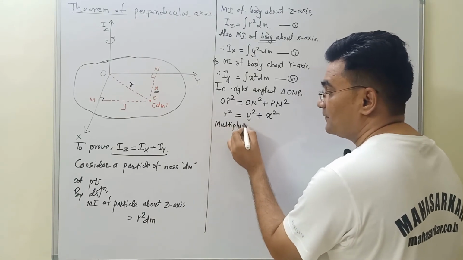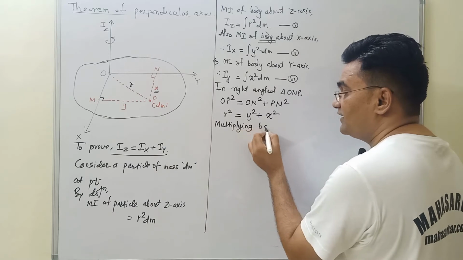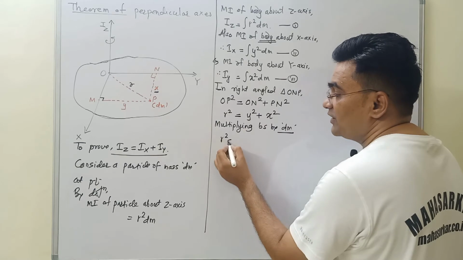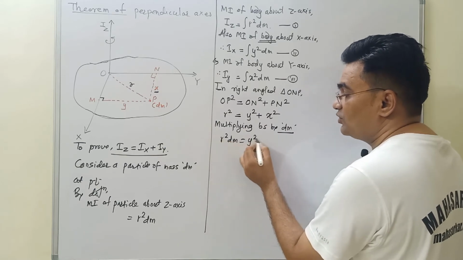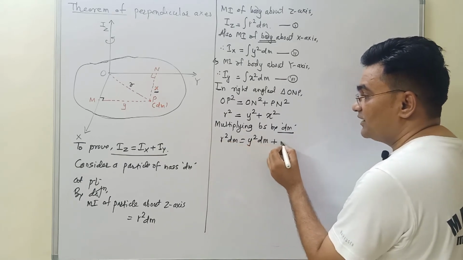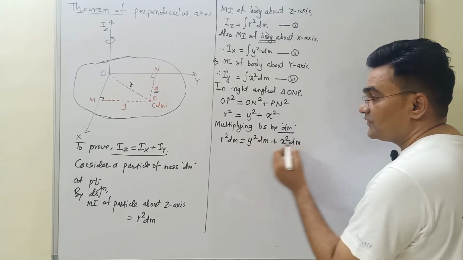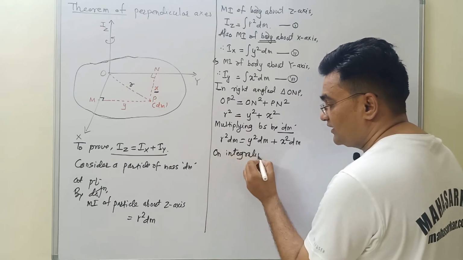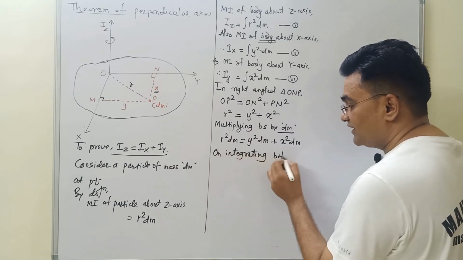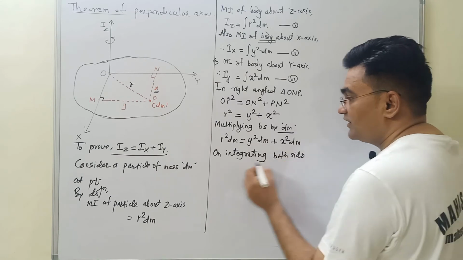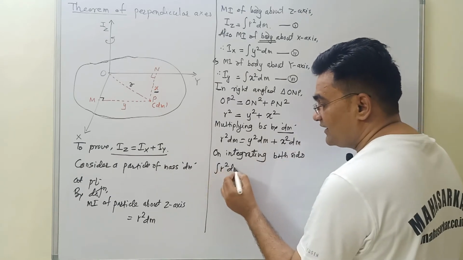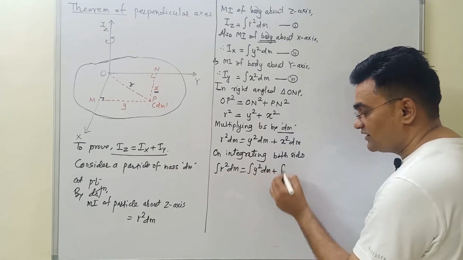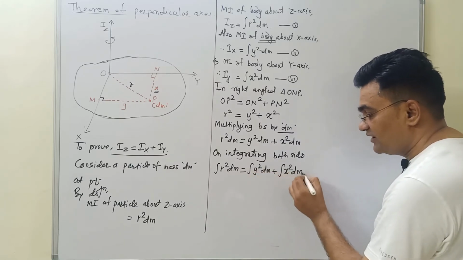Multiplying both sides by dm, we get r square dm equals y square dm plus x square dm. On integrating both sides, we get the integral of r square dm equals the integral of y square dm plus the integral of x square dm.